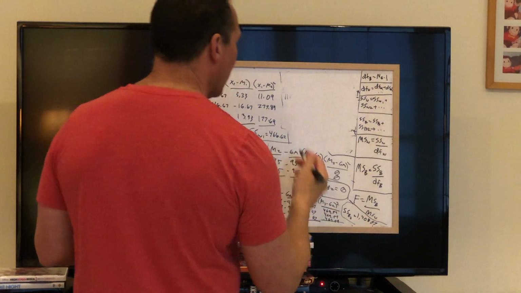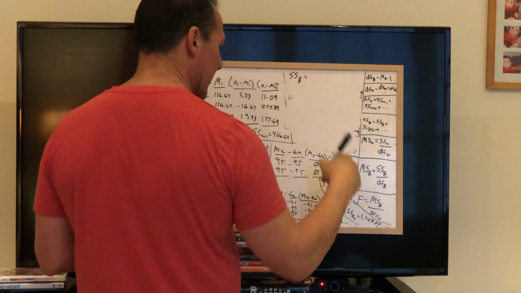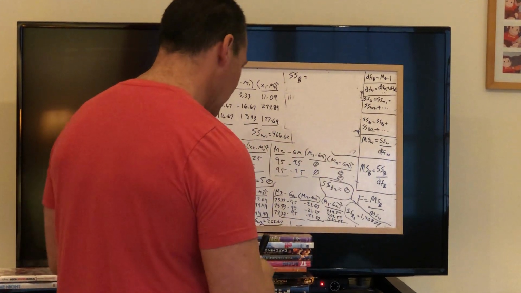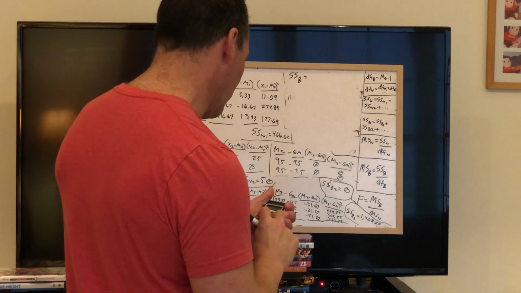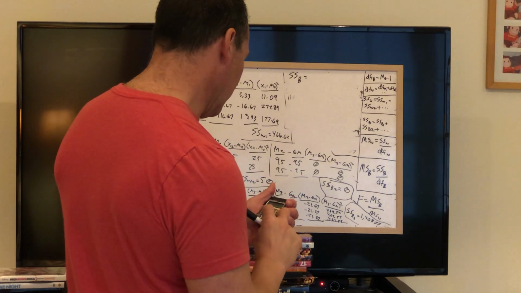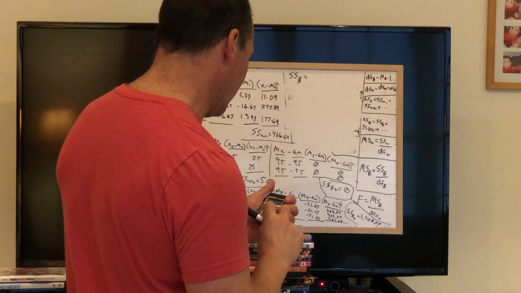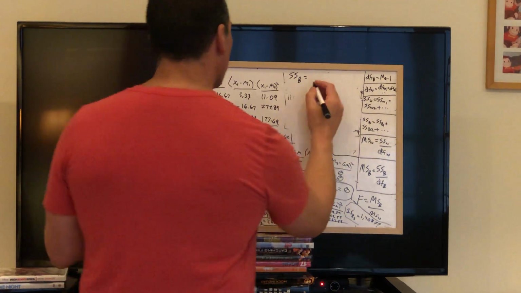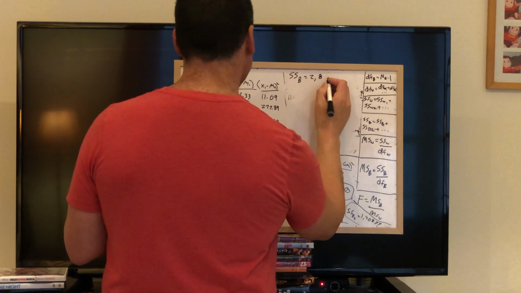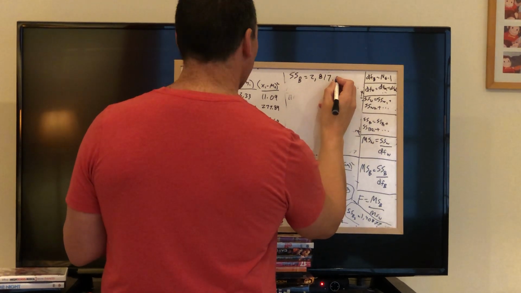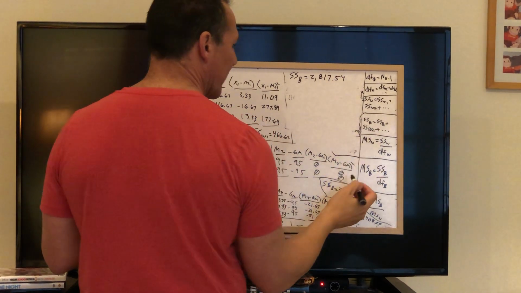Okay, and what we have is big SSB equals the sum of the little SSBs, which is 1,408.77 plus 1,408.77 plus 0, which is 2,817.54. That's SSB, which is over here.